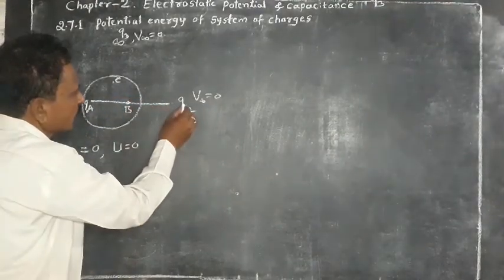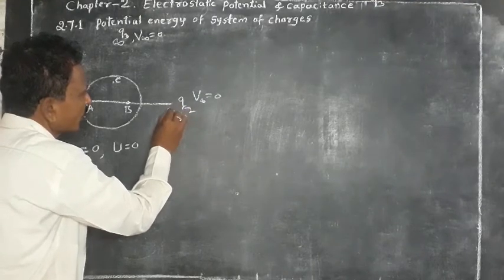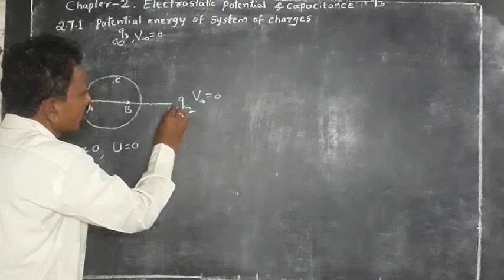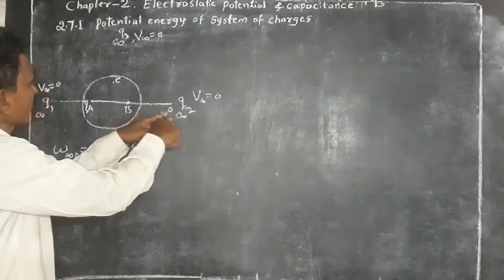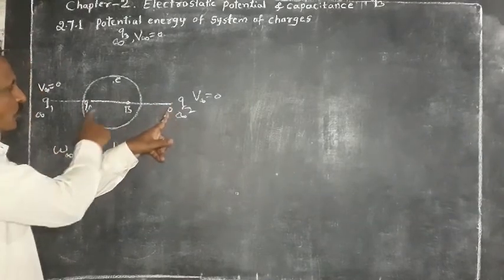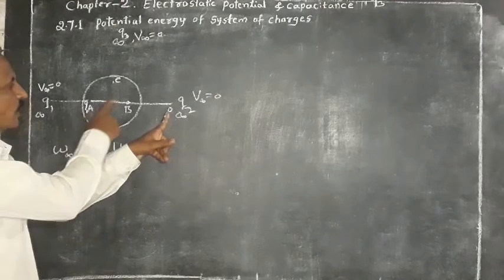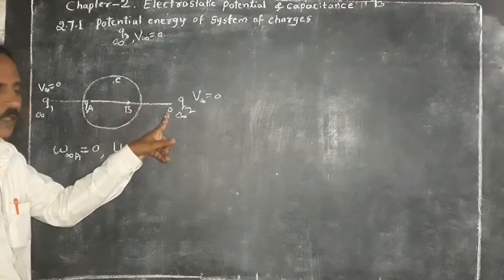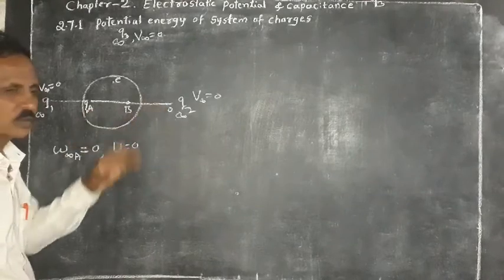But as Q2 comes near to this point O, the electrostatic force due to Q1 is equal to 0. Hence, potential at O due to Q1 is equal to 0.